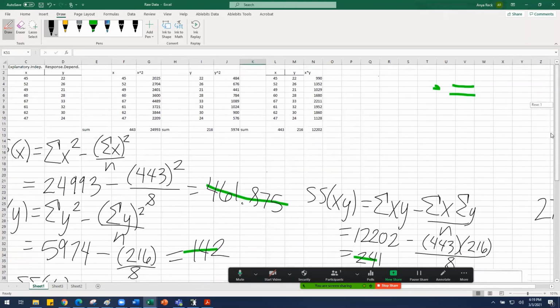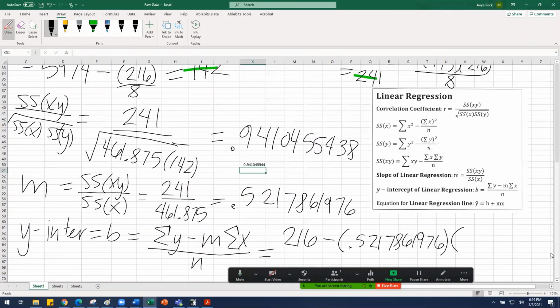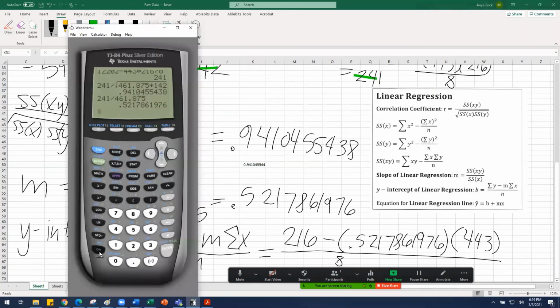The sum of x was 443. And we had 8 numbers. Put this in your calculator. Do the numerator first and then divide by the denominator.